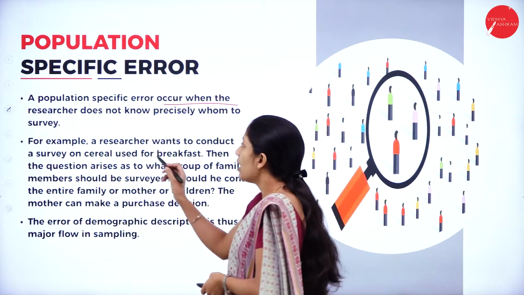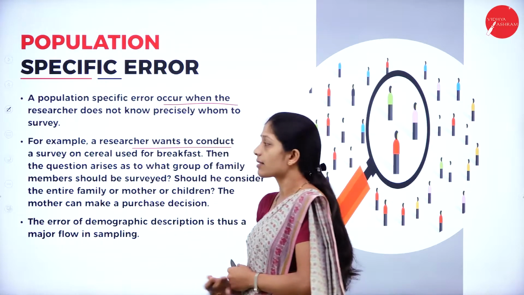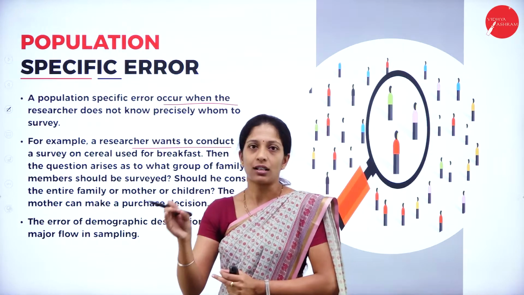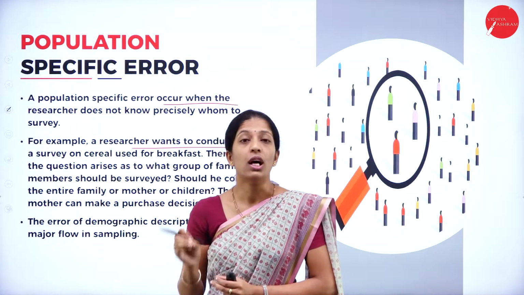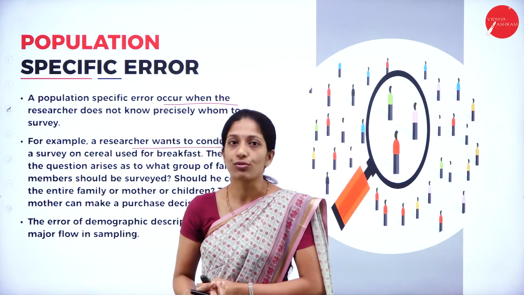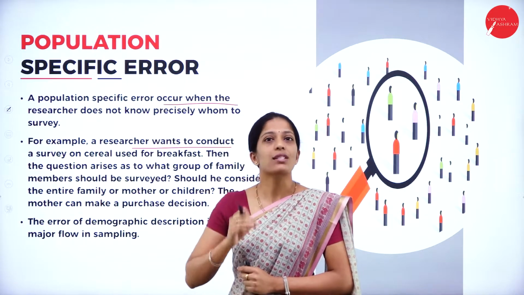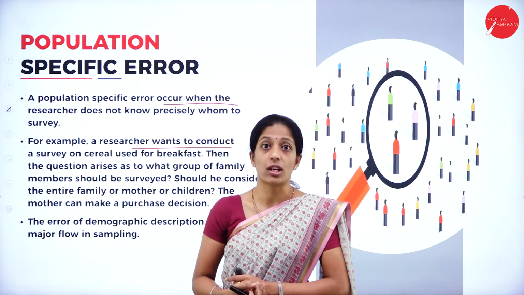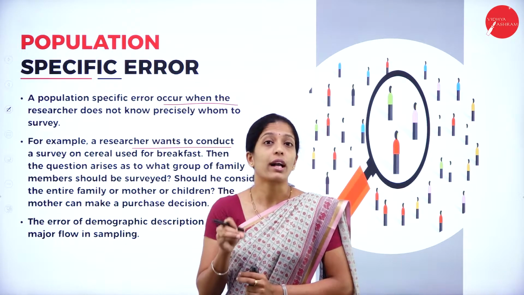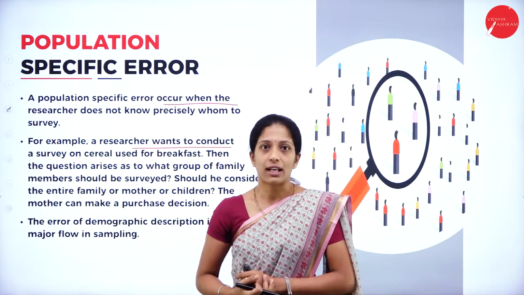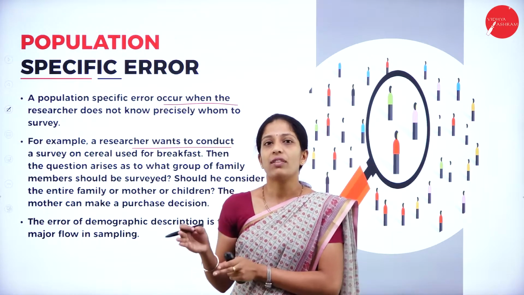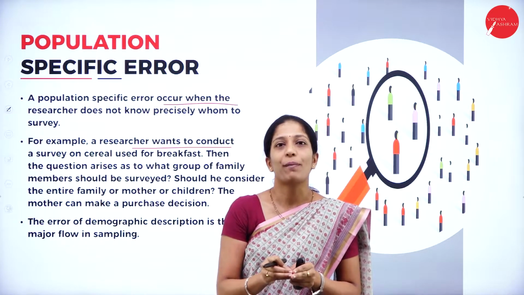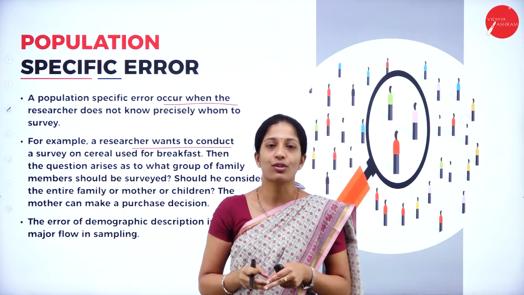For example, a researcher wants to conduct a survey on cereal used for breakfast. He is conducting a survey where he wants to know what the cereals used for breakfast are. Now, who is the target population? Of course, homemakers are the target population, or the housewife who cooks at home. Suppose the researcher selects students or a small child as the population, then of course the sample goes wrong.